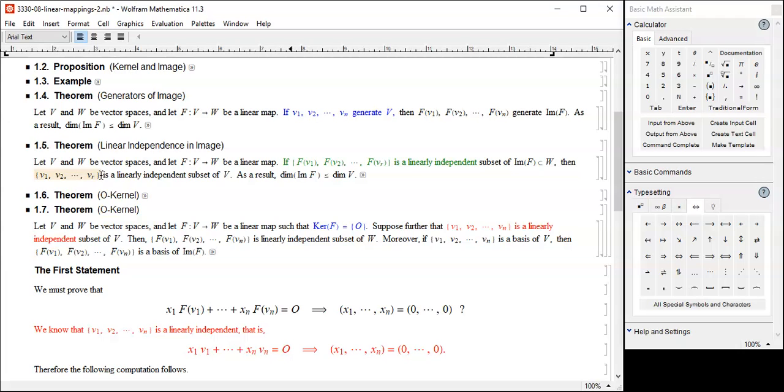Not the forward direction. However, we want to prove the forward direction here. If v1 through vn form a linearly independent subset, then the image vectors f of v1 through f of vn form a linearly independent subset as well. But in general, it's not going to work, so we have a special condition. F is 1 to 1. Kernel is 0.